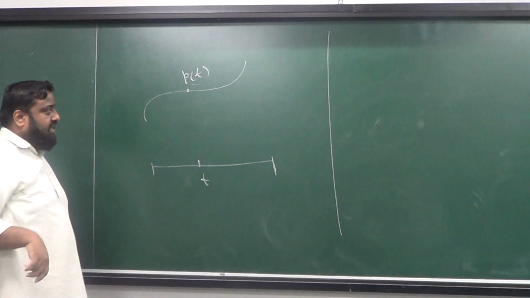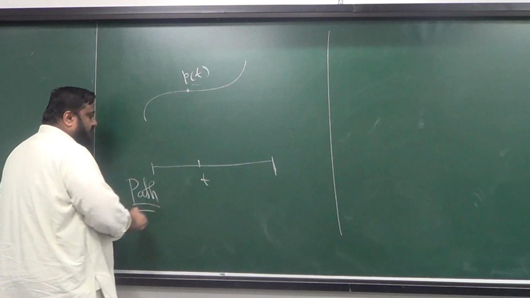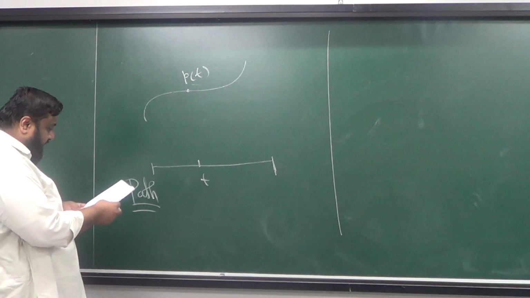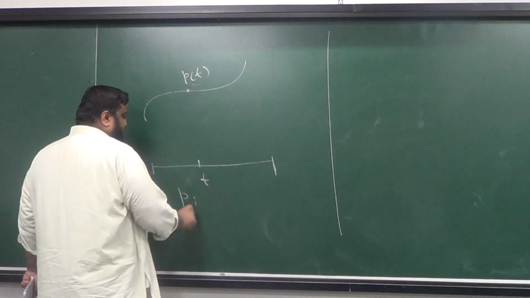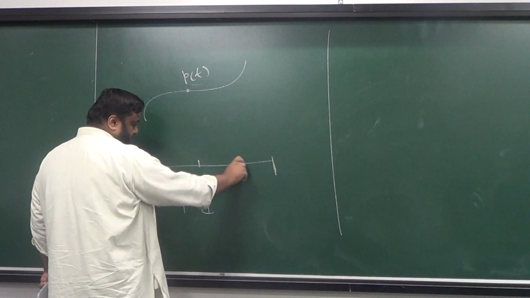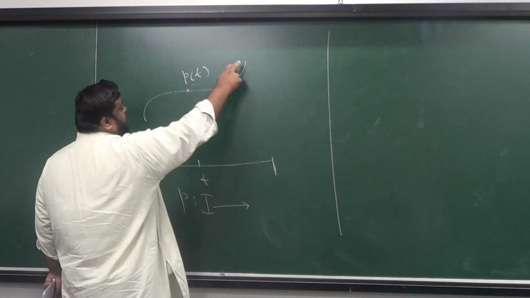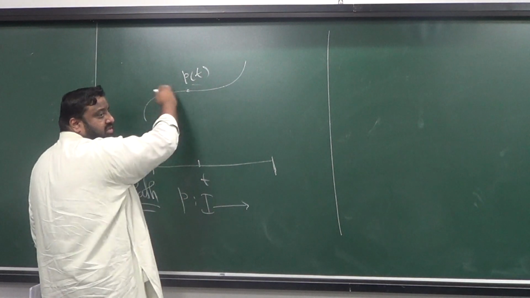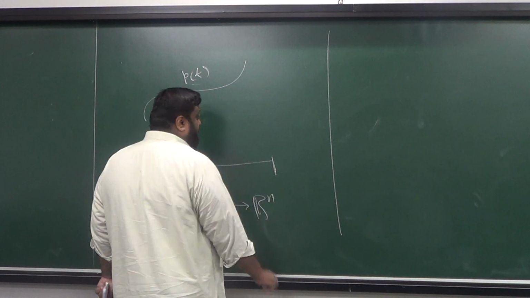So by a path, mathematically, I'm going to mean a map p from the interval I into something that is in Rn. So this is sitting in R3, something that is in Rn.